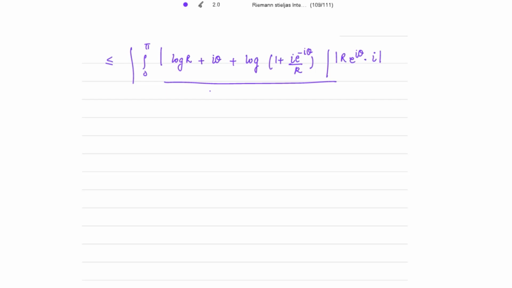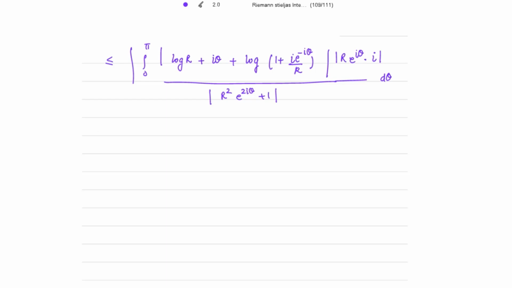Everywhere there is mod now. Mod of r square e to the power 2 iota theta plus 1. I have not used that formula right now, because first I am taking the mod everywhere, with everyone I am taking the mod.